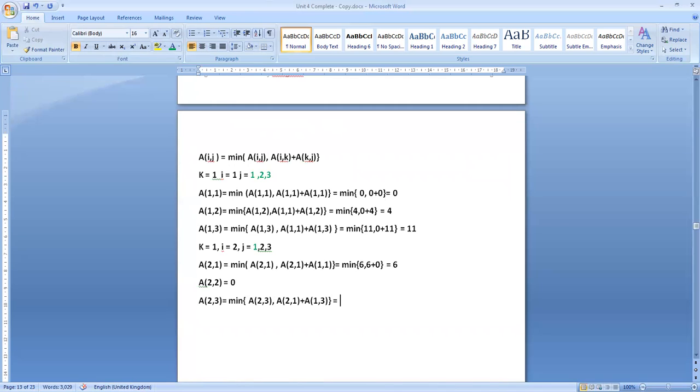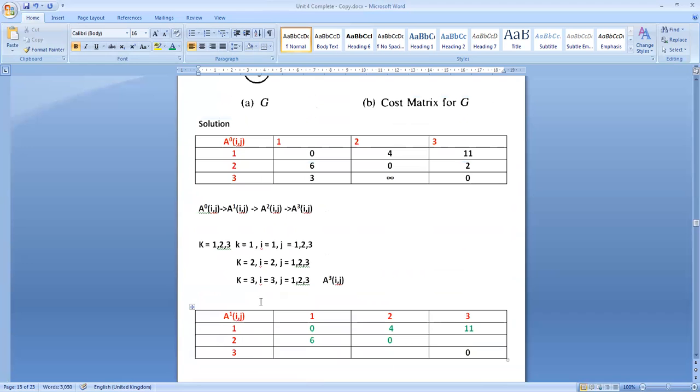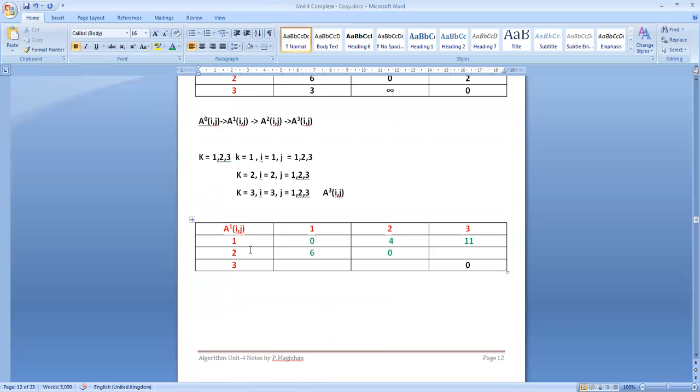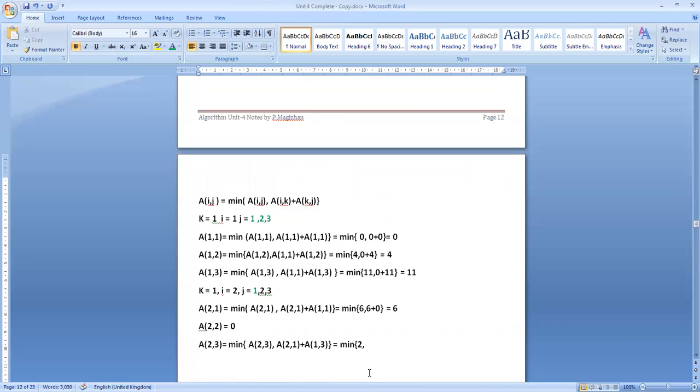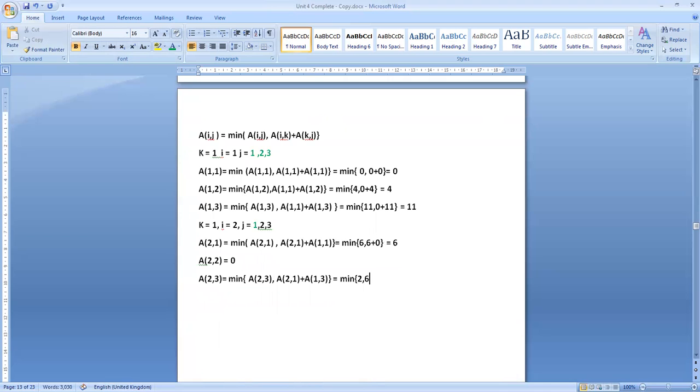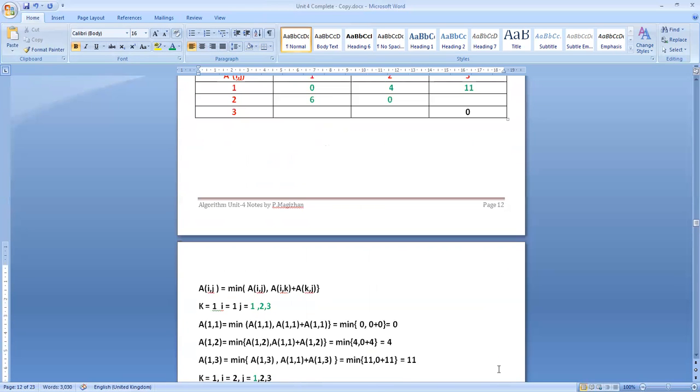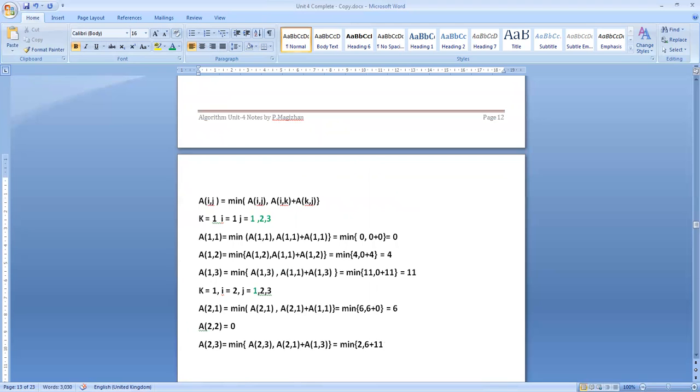So that is equal to, we have to find, minimum of, what is a naught of 2 comma 3? A naught of 2 comma 3 is 2. Then a naught of 2 comma 1 is 6, plus a naught of 1 comma 3, which is 11.